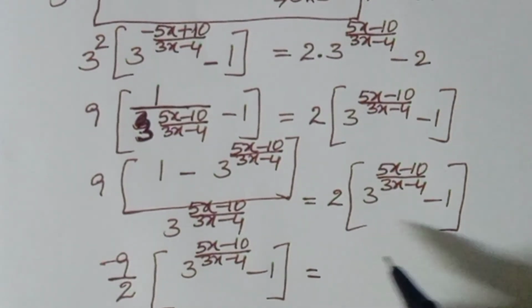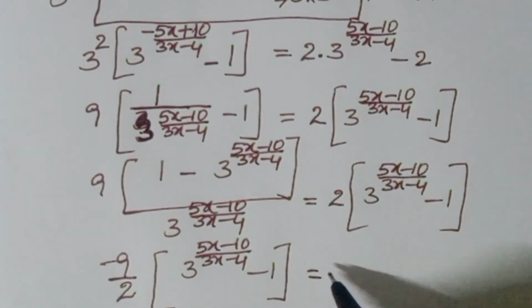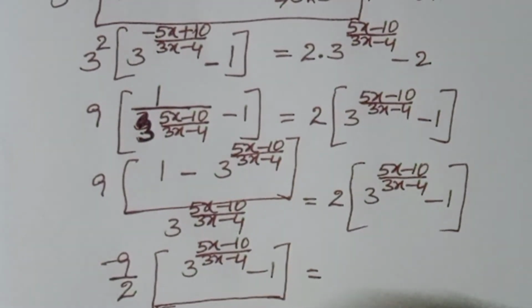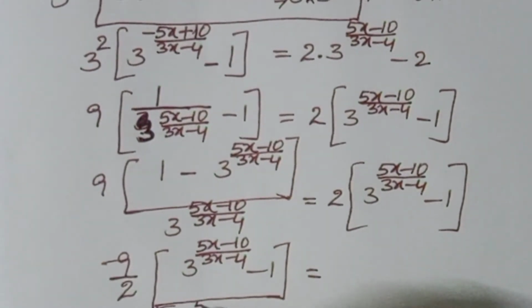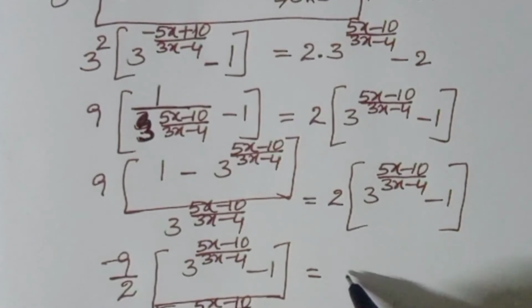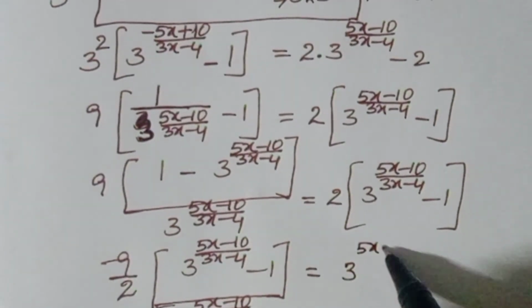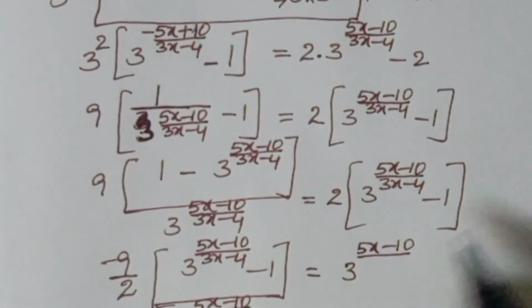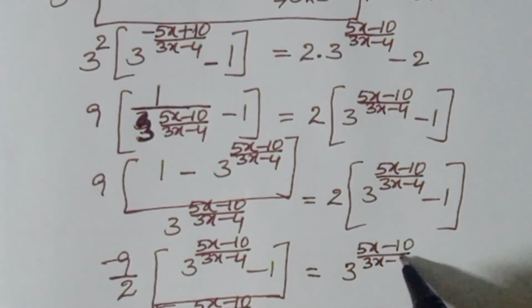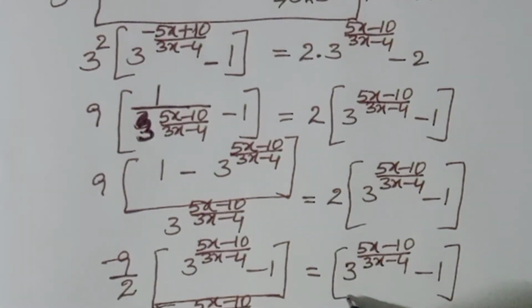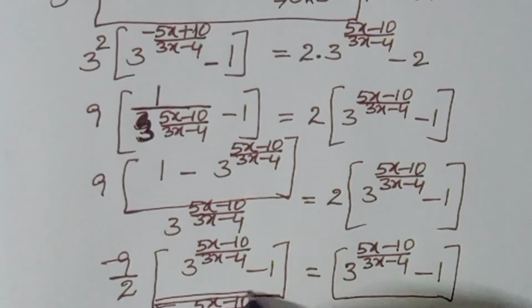Is equal to, by 3 to the power of (5x minus 10) by (3x minus 4), is equal to 3 to the power of (5x minus 10) by (3x minus 4) minus 1. Now we can take these 2 common.